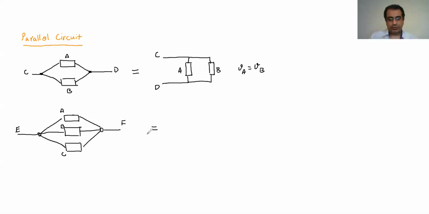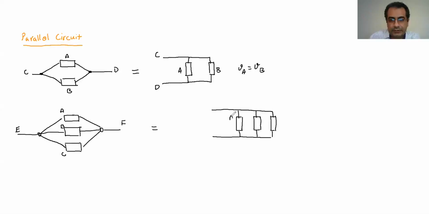How do you show it in the book? This is how you're going to see that in the book. It's going to look like this: A, B, and C, and then you have the wire connecting them like that, and the wire connecting this end like that.